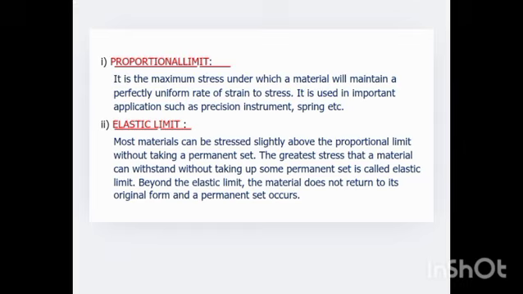Elastic limit is the maximum stress that a material can withstand without permanent deformation. If the stress goes beyond this limit, the material will not return to its original shape, and permanent deformation starts to occur. This point is called the elastic limit.